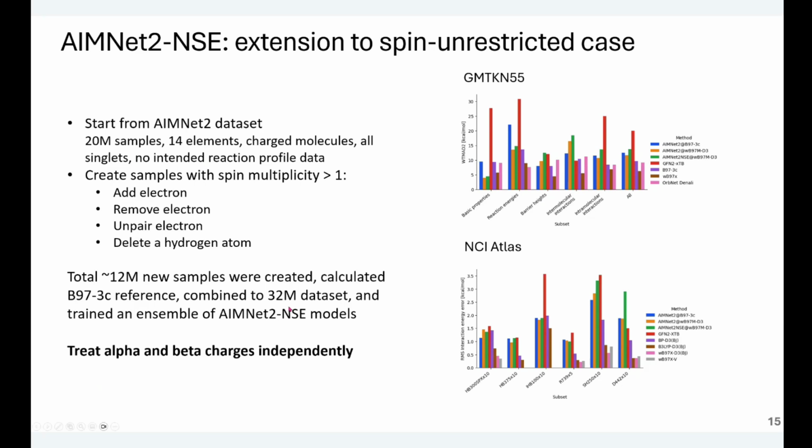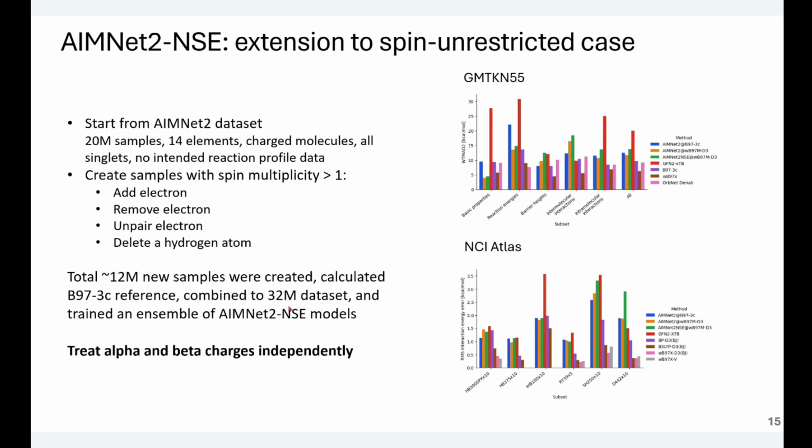And this is the procedure by which we, again mindlessly, generated a good number of training data points with unpaired electrons. We took the molecules, took closed shell, added an electron, removed an electron, deleted hydrogen atoms to get unpaired electrons, making triplets, and just added these two data sets together and trained.